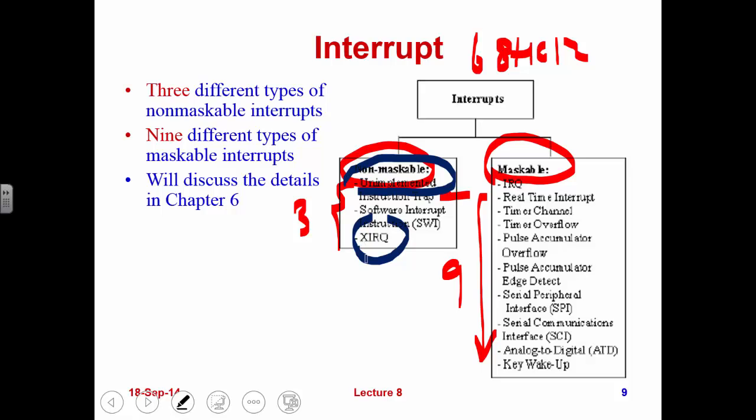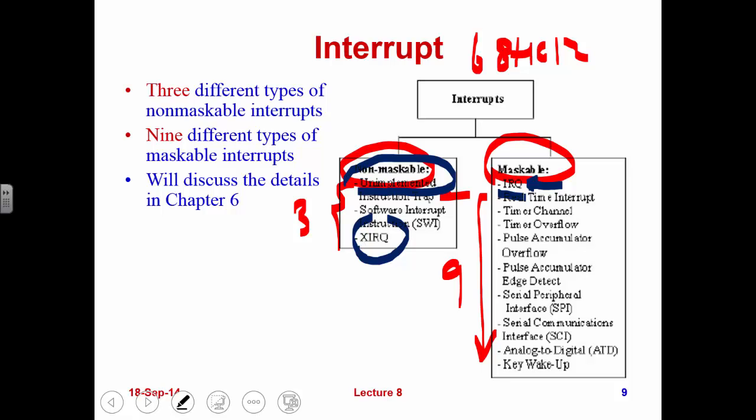In comparison, here are some of the maskable interrupts: the IRQ, the interrupt request from outside, the real-time interrupt, timer channel, timer overflow, and pulse accumulator overflow. Sometimes we have a value in the accumulator but it's full.